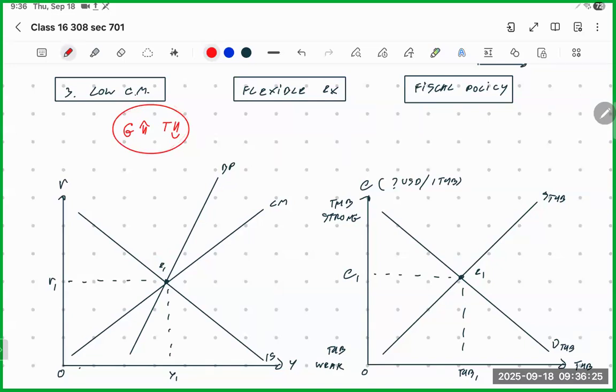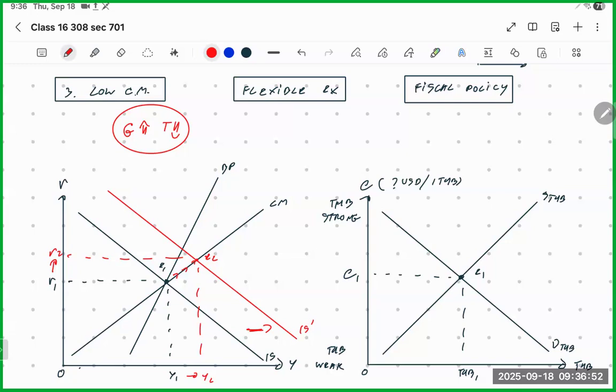By doing this, the IS curve shifts to the right, like this. The equilibrium point changes from E1 to E2, GDP increases from Y1 to Y2, and the real interest rate goes up from R1 to R2.